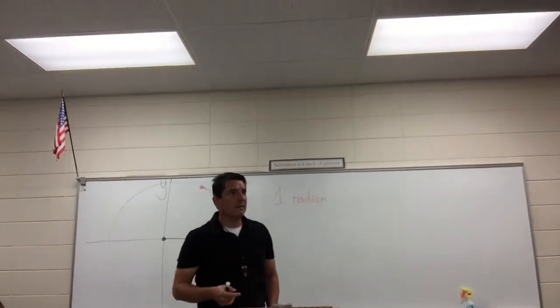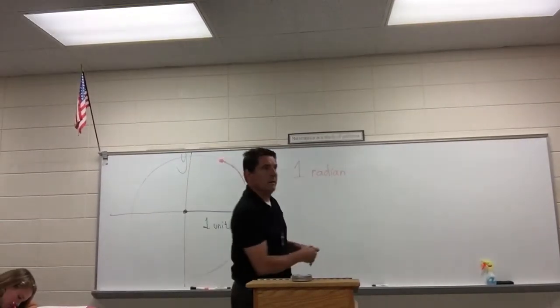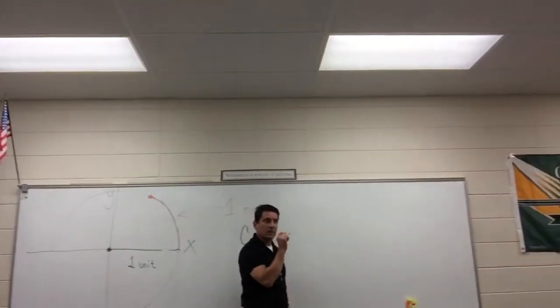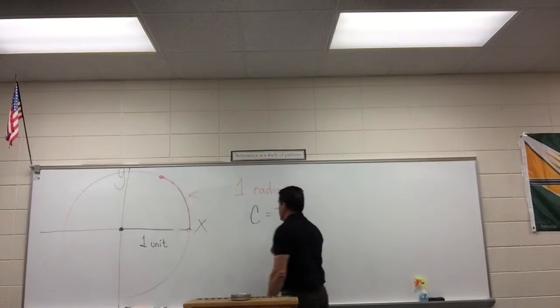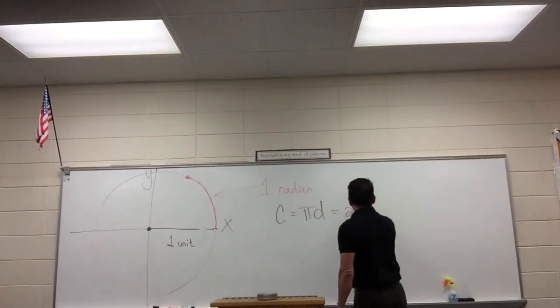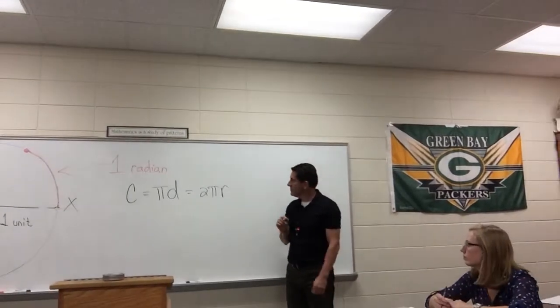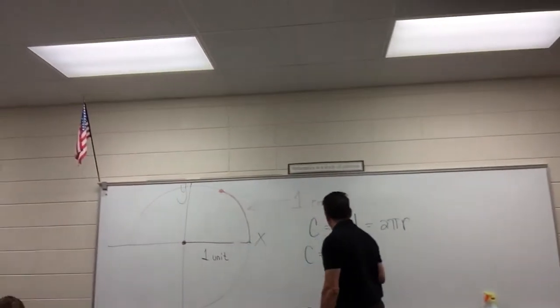Yes? The circumference of the circle is pi times diameter. Somewhere along the line we learned the definition of the circumference of a circle: pi times diameter, or you learned it as 2 pi r. Same formula, different letters. So the circumference of this circle is how much?